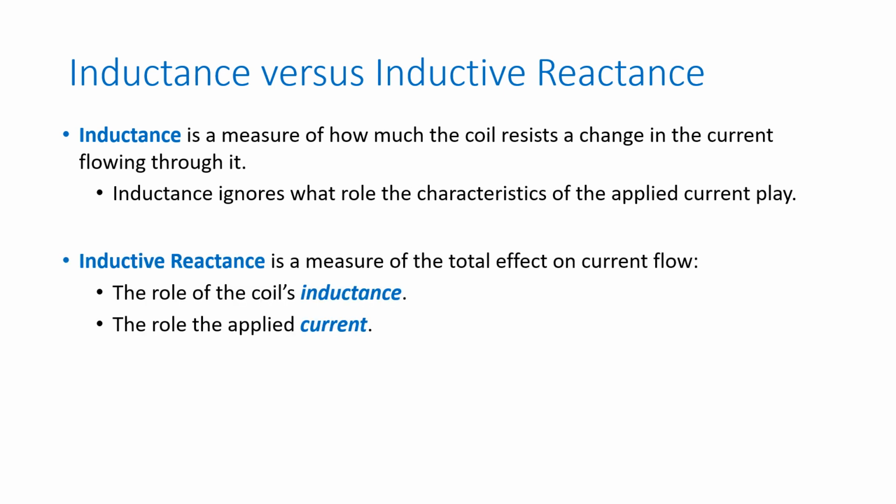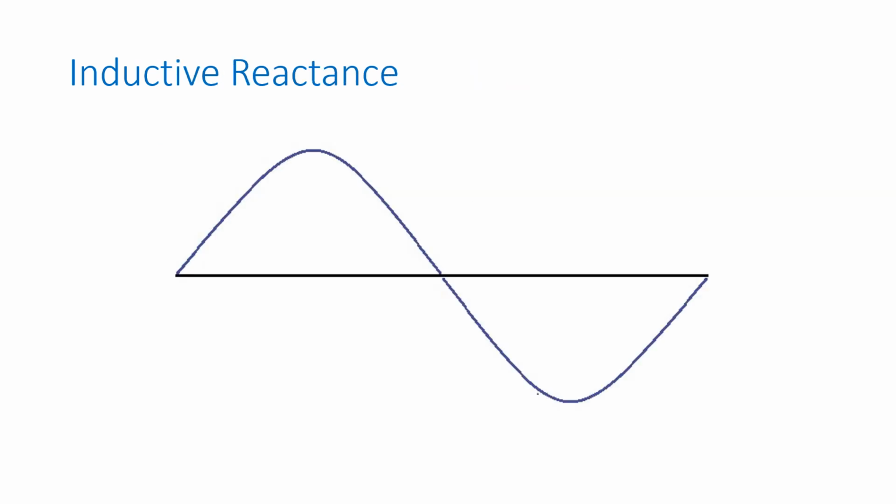Inductive reactance is a measure of the total effect on current flow, the role of the inductance, and the role of the applied current. And what that second bullet really means is the role of the frequency of the applied current. That's what's important.